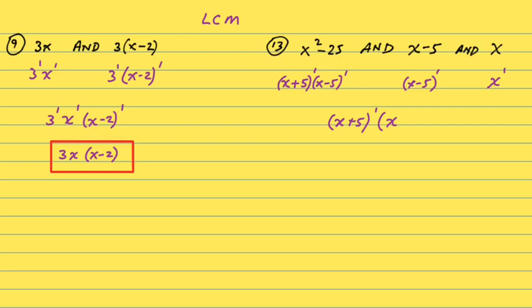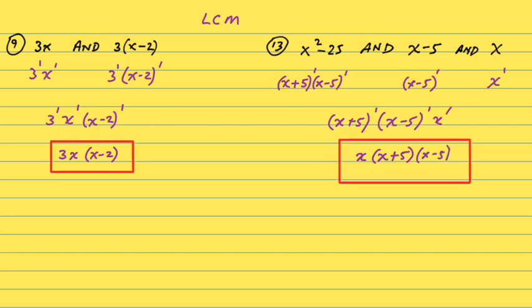The highest power of x minus 5 I see is to the first. The highest power of x I see is to the first. So your LCM would be this in factored form. And again, if you're adding fractions with these denominators, that would be your common denominator.